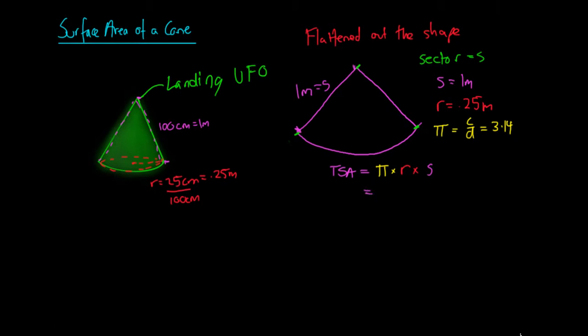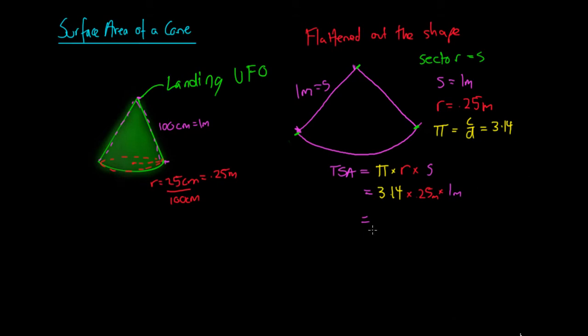So if we apply this, we know that we have our sector length, our radius, and our pi. Pi is equal to 3.14, our radius is equal to 0.25, and our sector length is going to be 1, and these are meters. So we have 3.14 times 0.25 times 1.